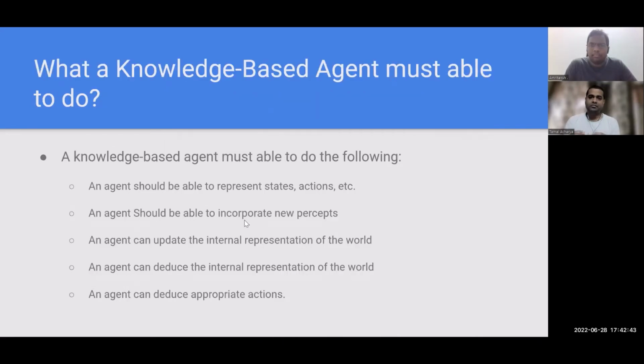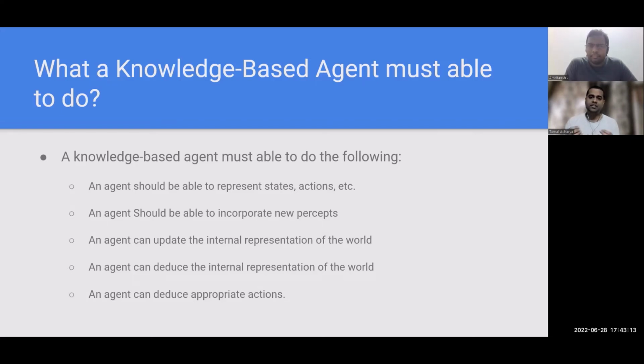Yeah. So as you see, the knowledge-based agent, as introduced by Amritan. What that agent must be able to do is represent states and actions. It should incorporate new percepts as we do. We keep on adding to our knowledge. It should update the internal representation as well as deduce from it. So you keep on updating with new knowledge, and then you deduce something from it. It's like inferring.